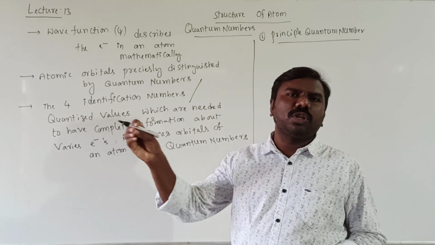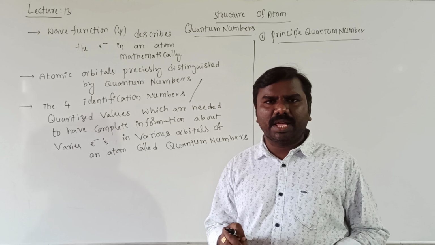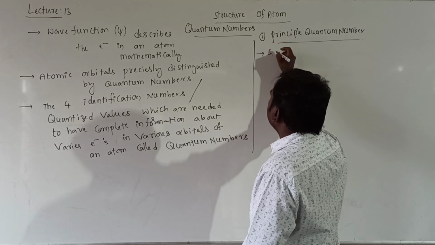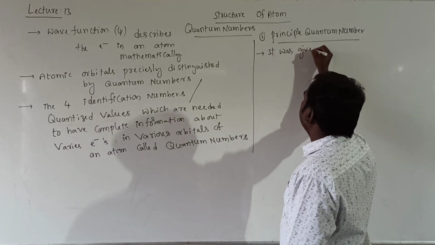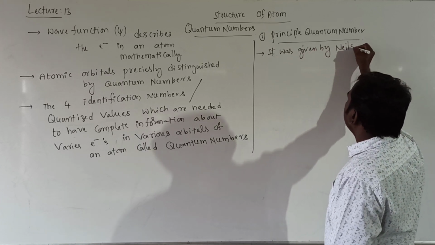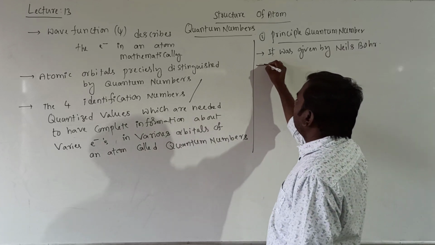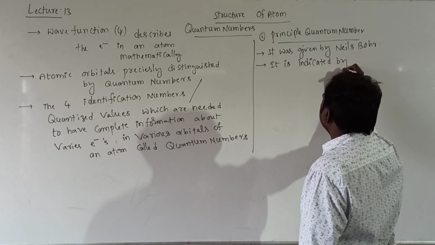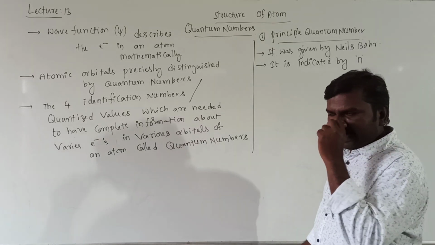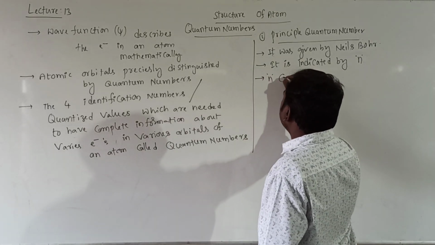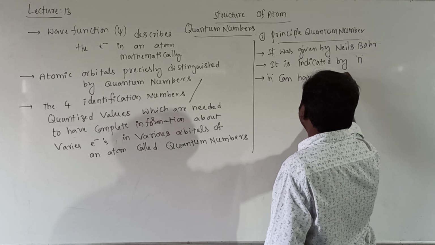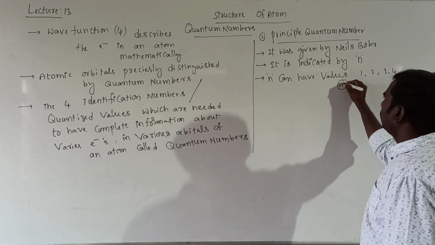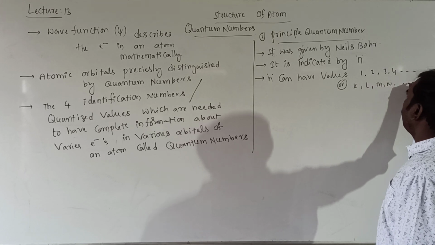N can have values 1, 2, 3, 4, etc., or otherwise indicated by alphabets like K, L, M, N, O, etc.